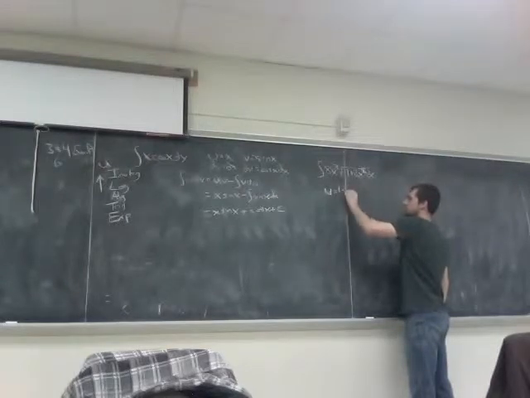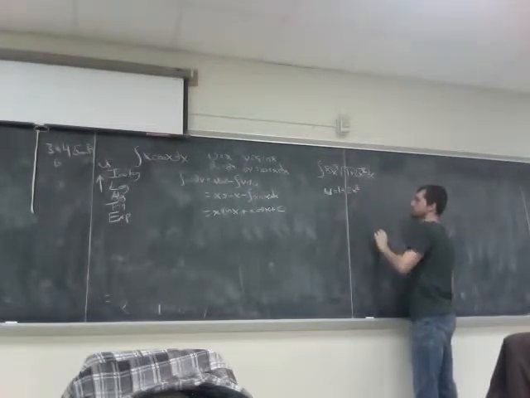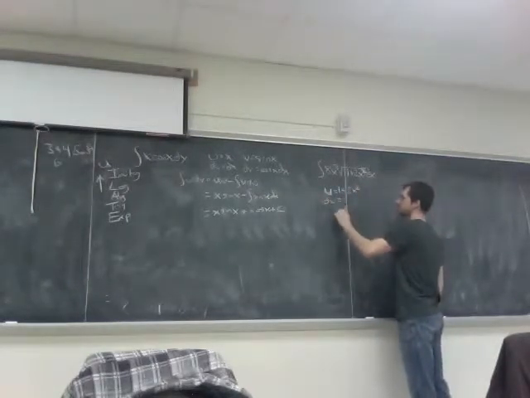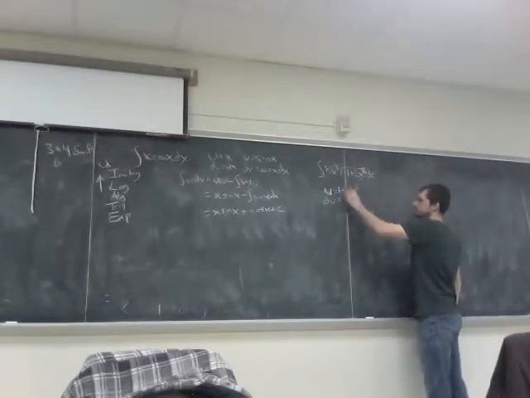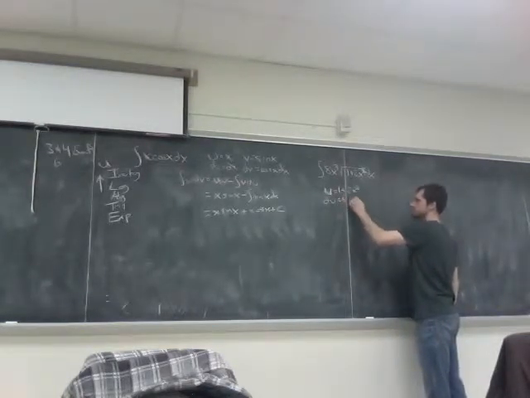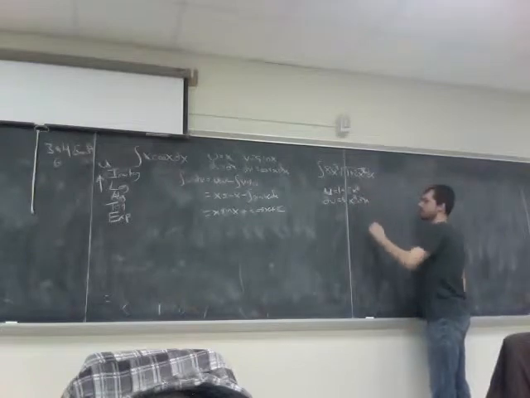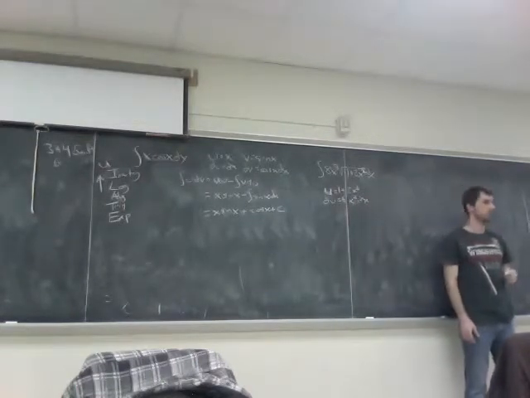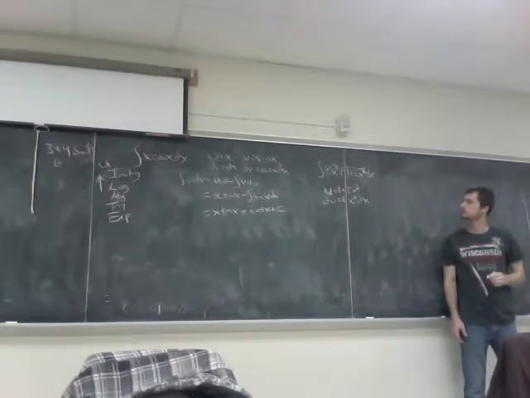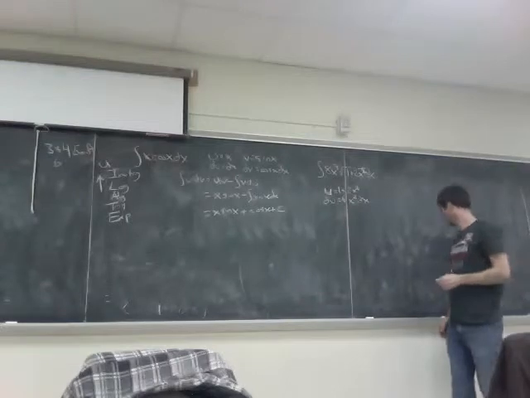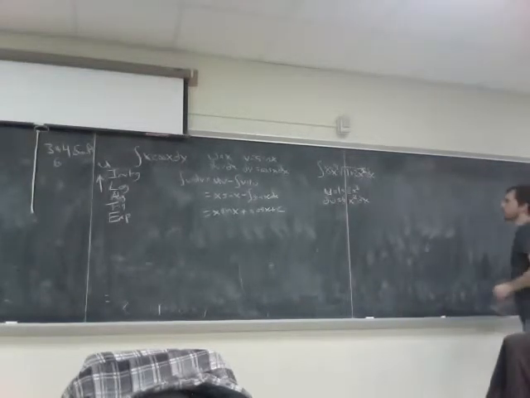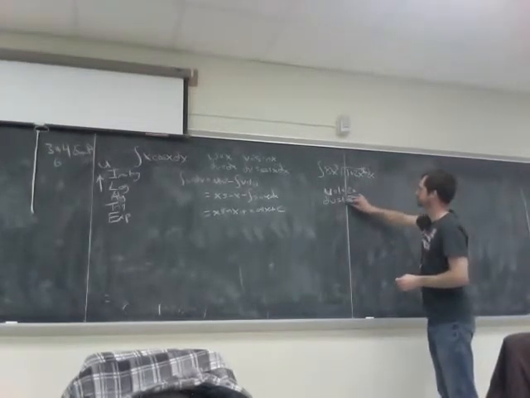So u is equal to 1 plus 2x squared. So if I do du, that gives me 4x dx. I'm sorry, u is equal to 1 plus 2x squared. Yeah, I just really want it to be cubed.